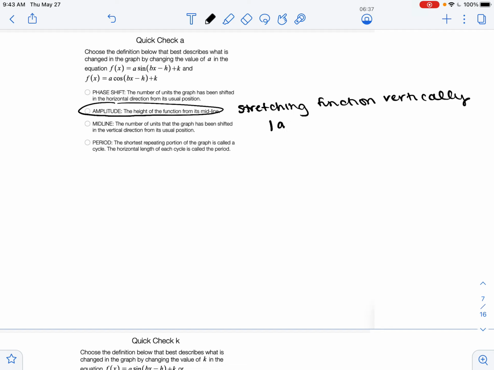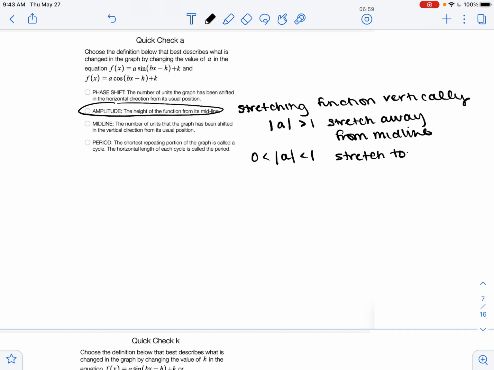When the absolute value of A is greater than 1, this stretch is away from the midline. When the absolute value of A is between 0 and 1, so some fractional value, the stretch is towards the midline, and perhaps a better word to use there would be compress.